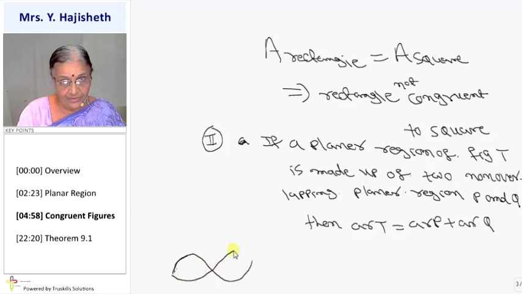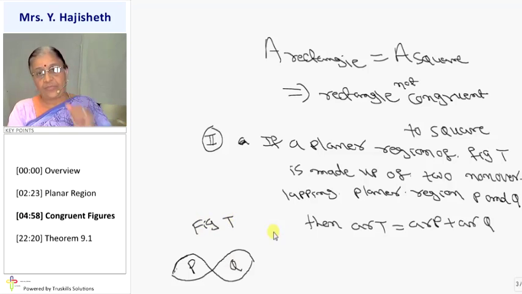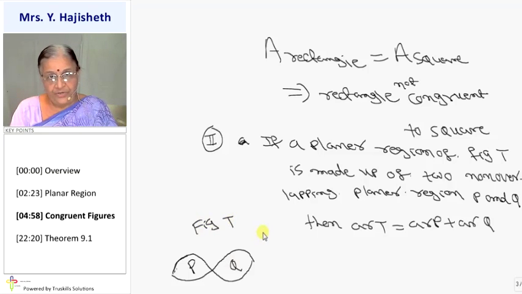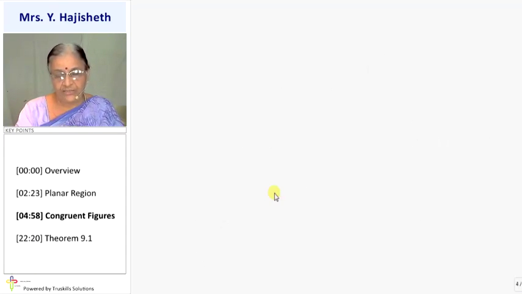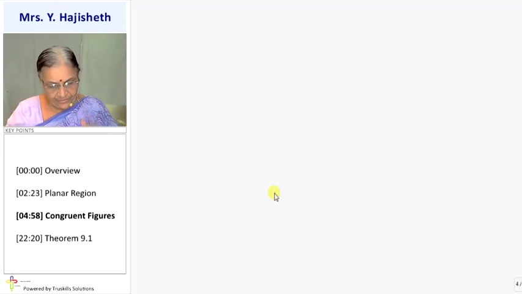This is my figure T. It has P and Q. Figure T is made up of planar figures P and Q. Then the area of figure T is the area of figure P plus the area of planar region Q. Clear? So these are the two things you have to remember for A1.